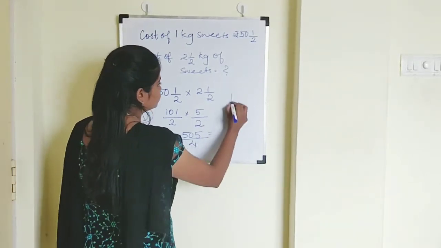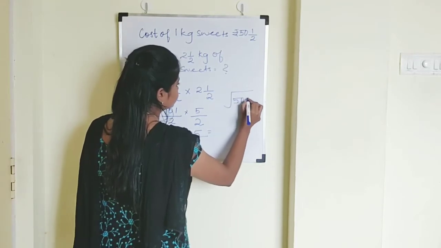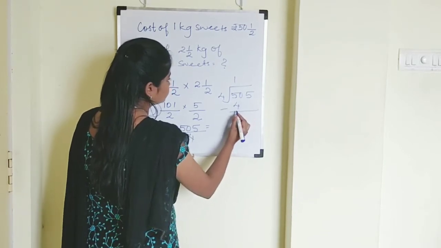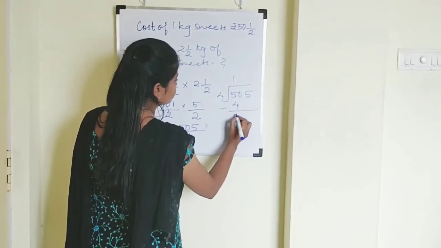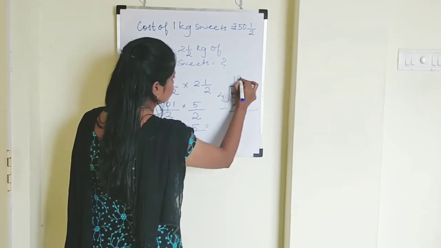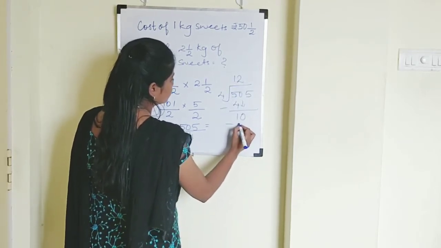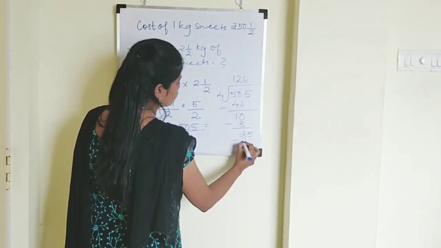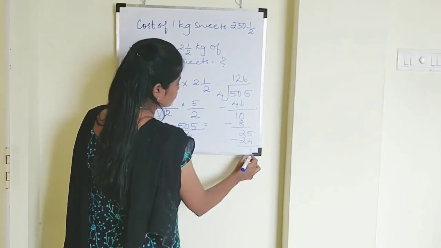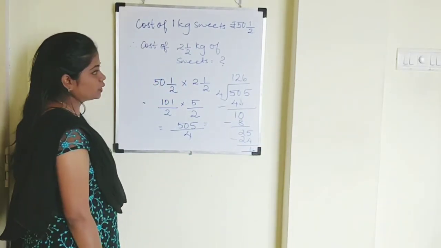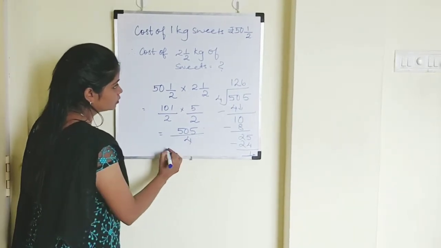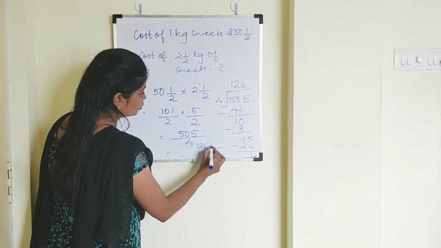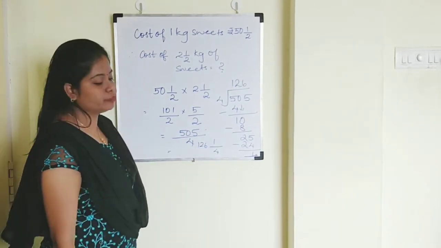So if you divide, you get a remainder, that is 1, and the quotient is 126, so 126 1 by 4 rupees.